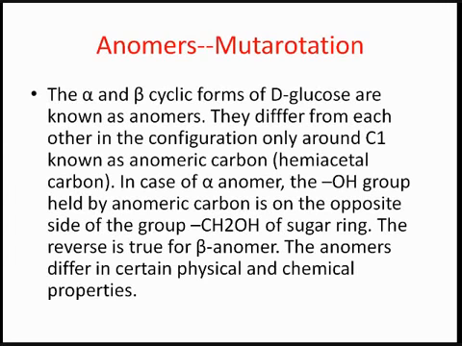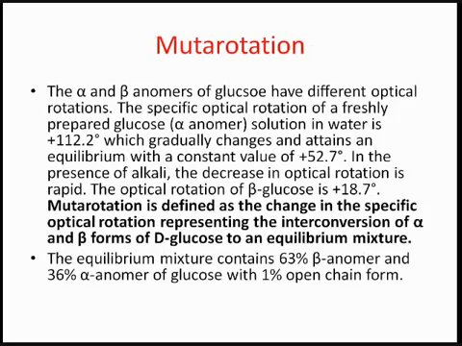This is exactly reverse in the beta anomer. Even though the molecular formula is the same, these alpha and beta cyclic forms of glucose show differences in certain physical and chemical properties.